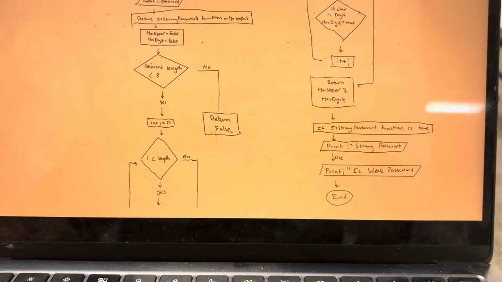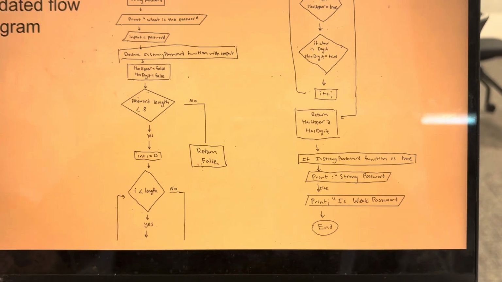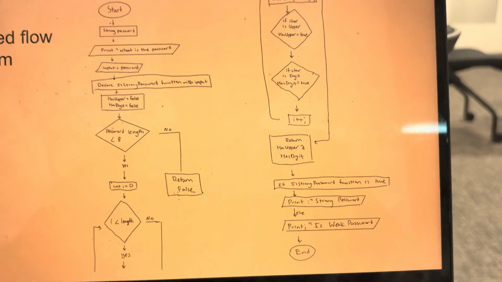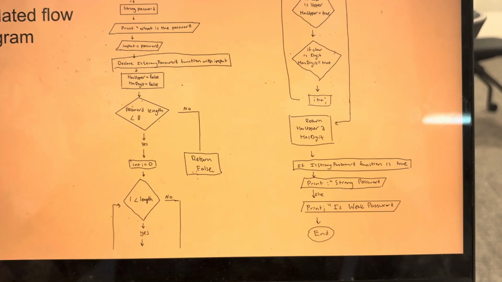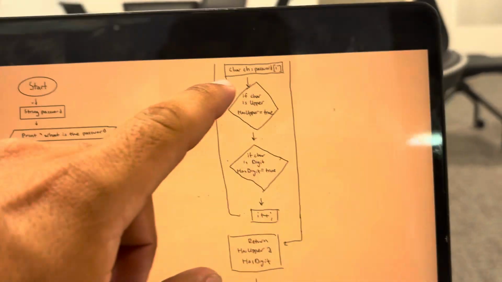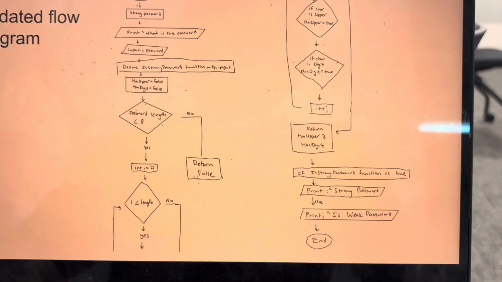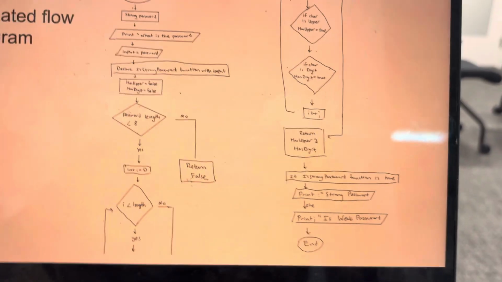If both of these are true, we update it, and we loop through each char within the password by using an array of chars, as you can see right there. At the end, we return either strong password or weak password.